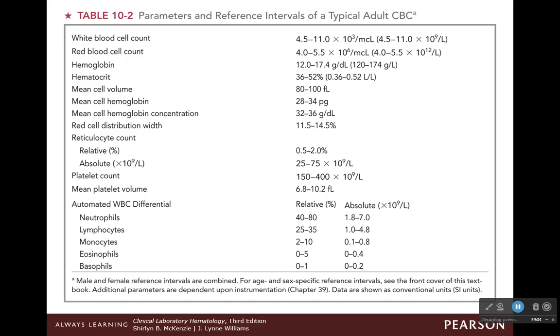So if they don't have at least 1 billion neutrophils, they're prone to a bacterial infection. When you're doing cancer patients, or patients that have really low white counts, your brain will have to learn to go to this absolute and make sure that it's above 1. It needs to always be above 1. We'll talk about that later on, and you'll learn that when you get into clinicals also.